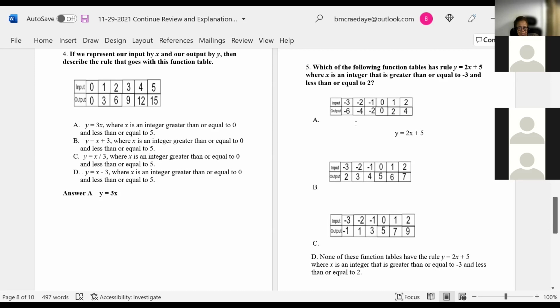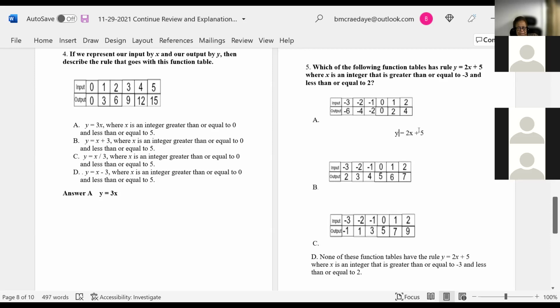There's the input, minus 3. What's 2 times a minus 3? Audrey, what's 2 times a minus 3? It's 6. Plus or minus? Negative 6. Negative 6, okay.